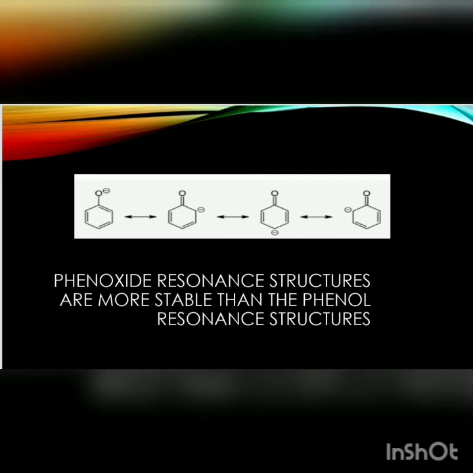The formation of alkoxide is not easy since it is not stabilized by resonance, and in fact the plus I effect of alkyl groups destabilizes it by increasing electron density. So phenols are acidic and alcohols are neutral, right?